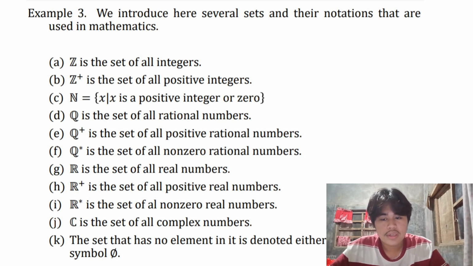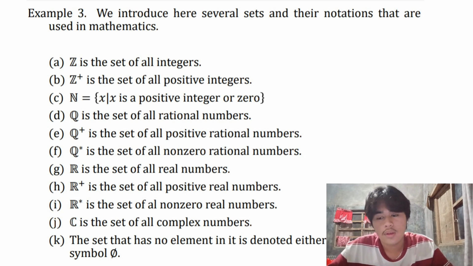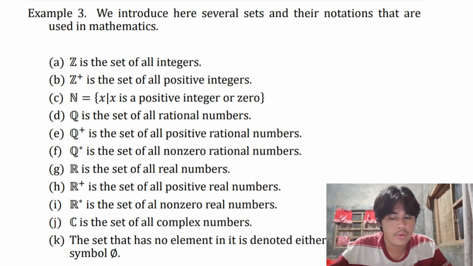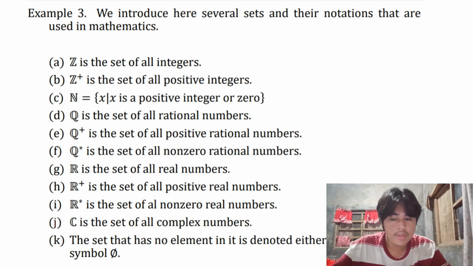Q plus is the set of all positive rational numbers. Q star is the set of all non-zero rational numbers. R is the set of all real numbers. R plus is the set of all positive real numbers. R star is the set of all non-zero real numbers. C is the set of all complex numbers.